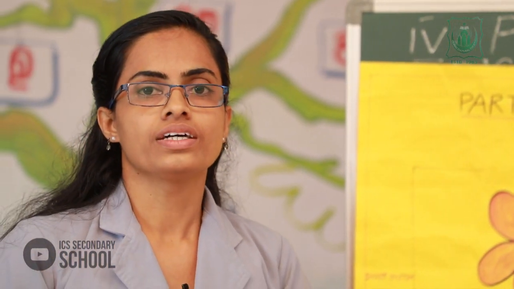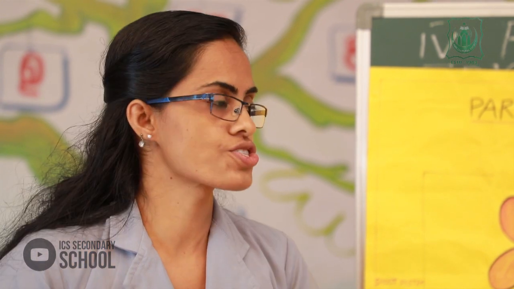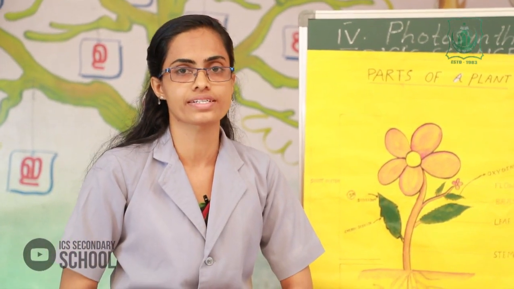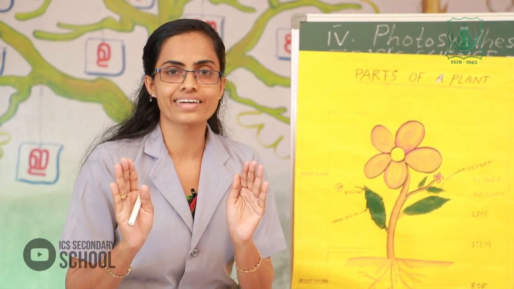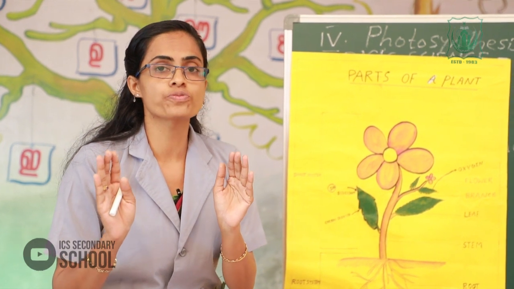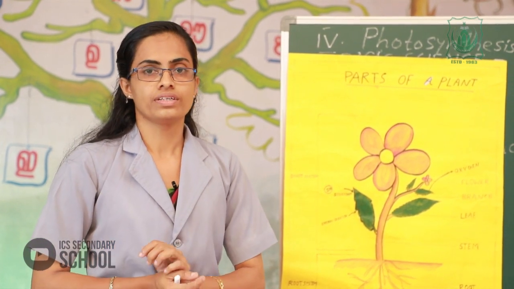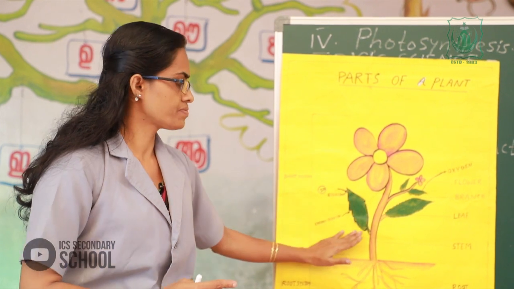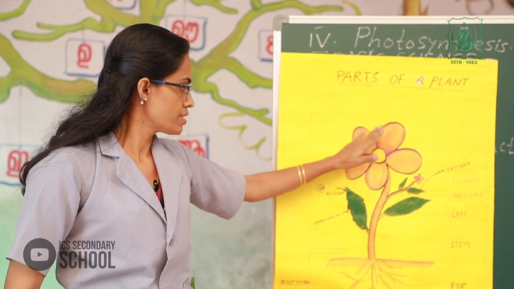The process by which plants prepare food in their leaves using water, carbon dioxide and minerals, with the help of sunlight and chlorophyll. Okay, you already studied photosynthesis in 3rd standard. Please listen here, look at this chart.